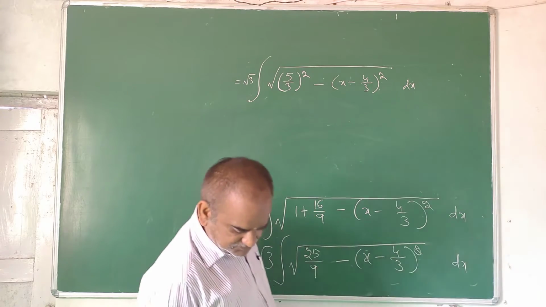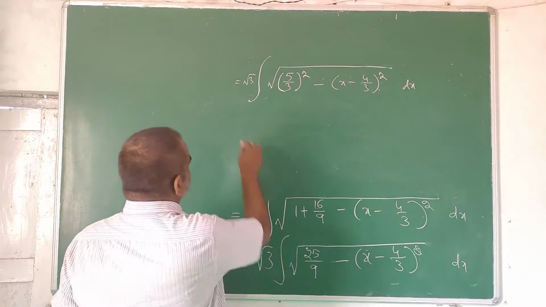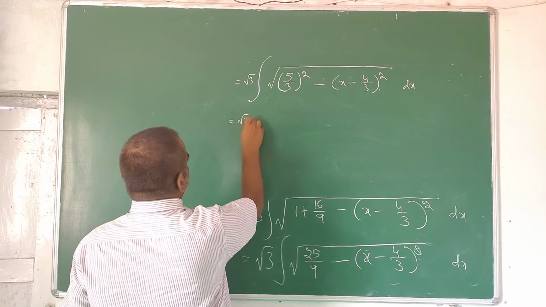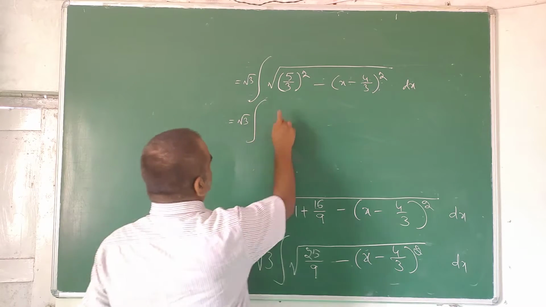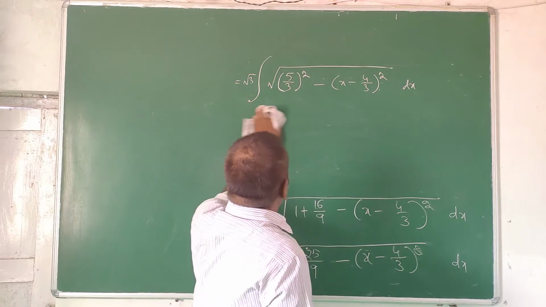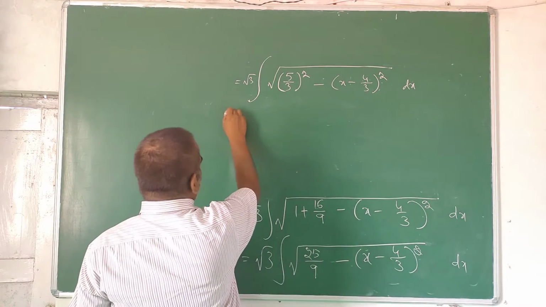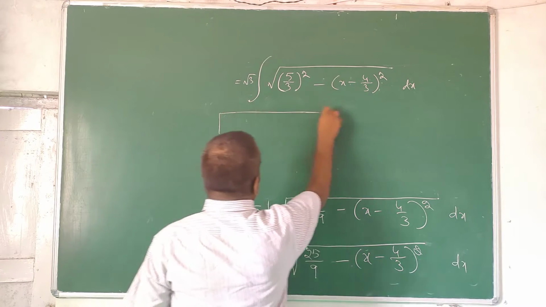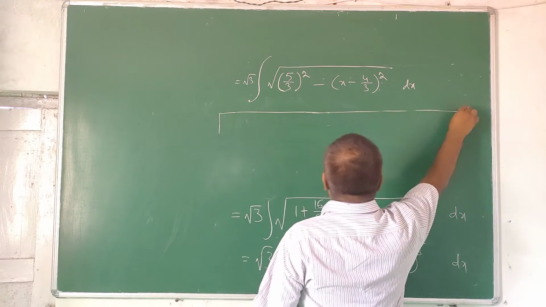So this is equal to root 3 into integral. Now this is, see, in the form of root over a square minus x square dx. I'll write that formula. In the previous class we have derived that formula.